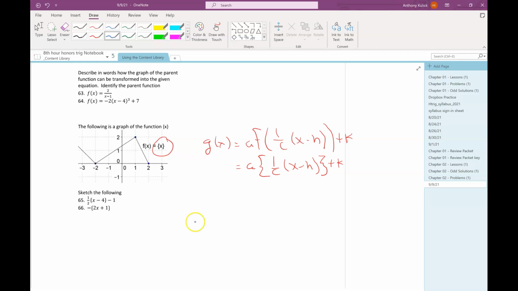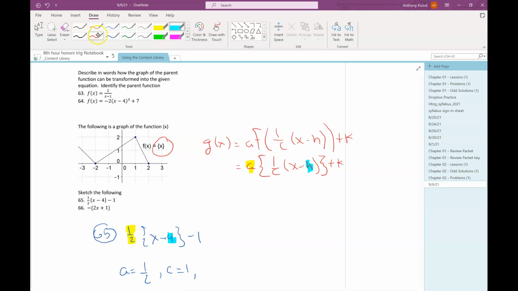So if I look at 65, I see that I have an A. There's no coefficient on the x, so the c is definitely 1.